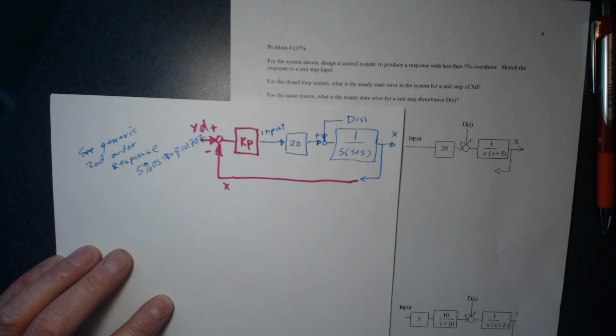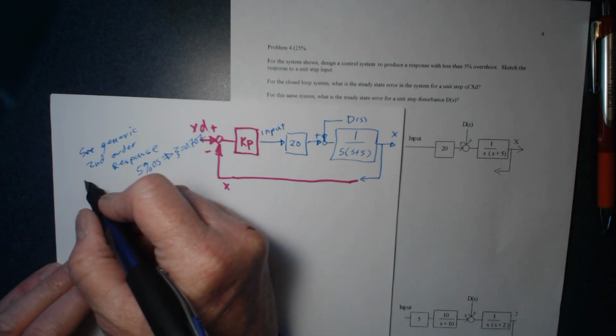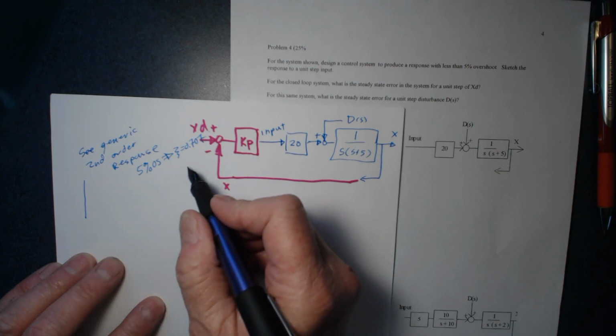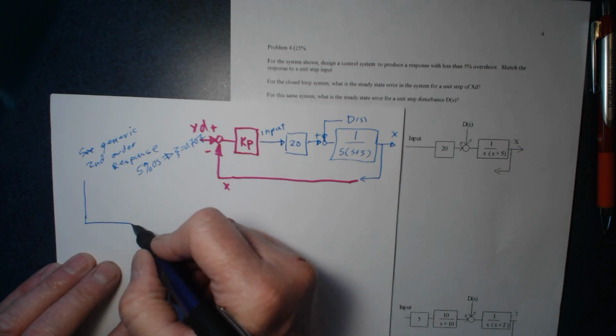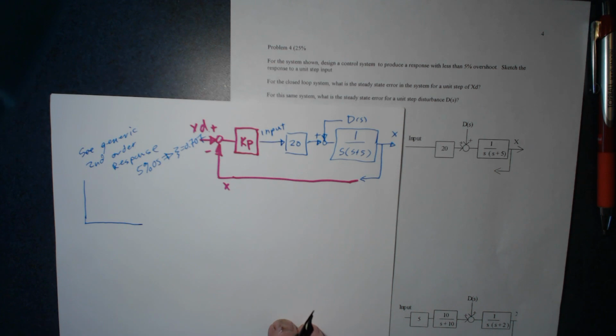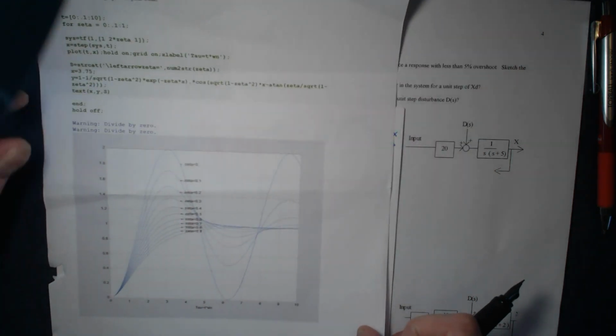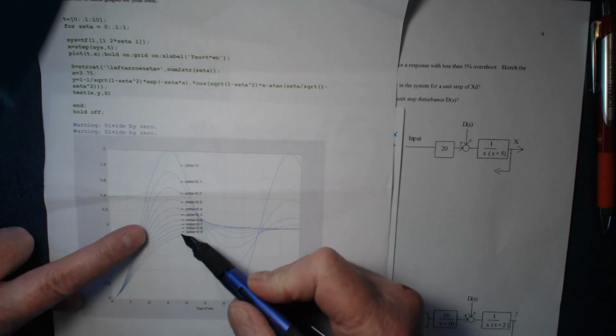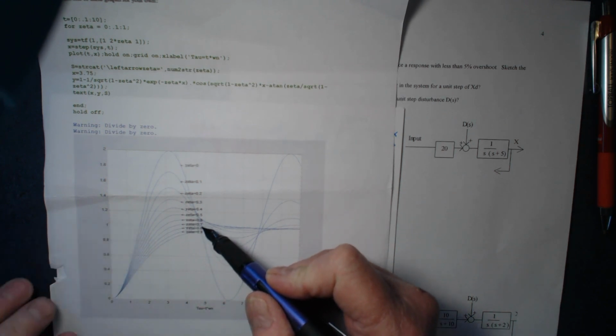Actually, we can do this part even before we start because it says design it this way. I'm going to look at my generic response curves here. It's zeta equals 0.707. It's this one right here.